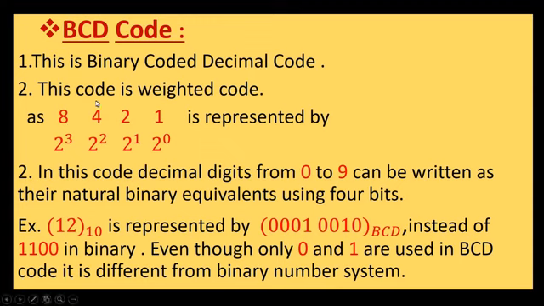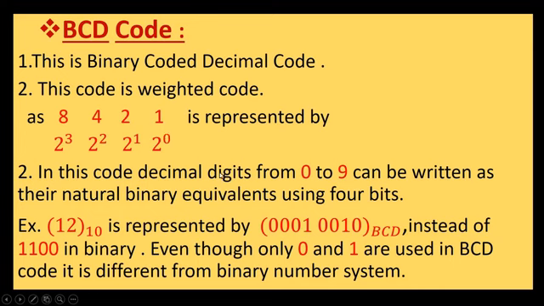This code is represented by the digits 8421, or this code is called an 8421 code, because 2 raised to 0 is equal to 1, 2 raised to 1 is equal to 2, 2 raised to 2 is equal to 4, 2 raised to 3 is equal to 8. Due to this reason this is a 4-bit code represented by the digits 8421. Is that clear, students?